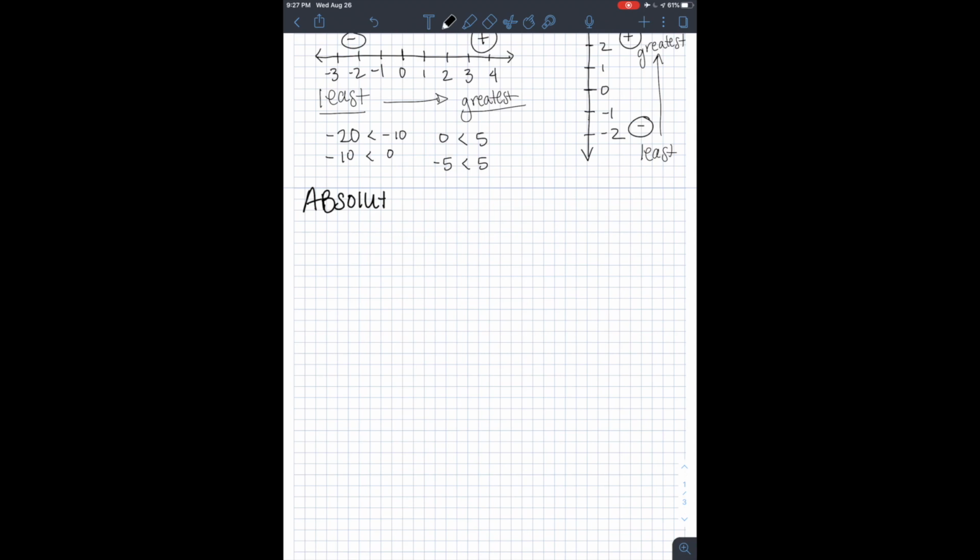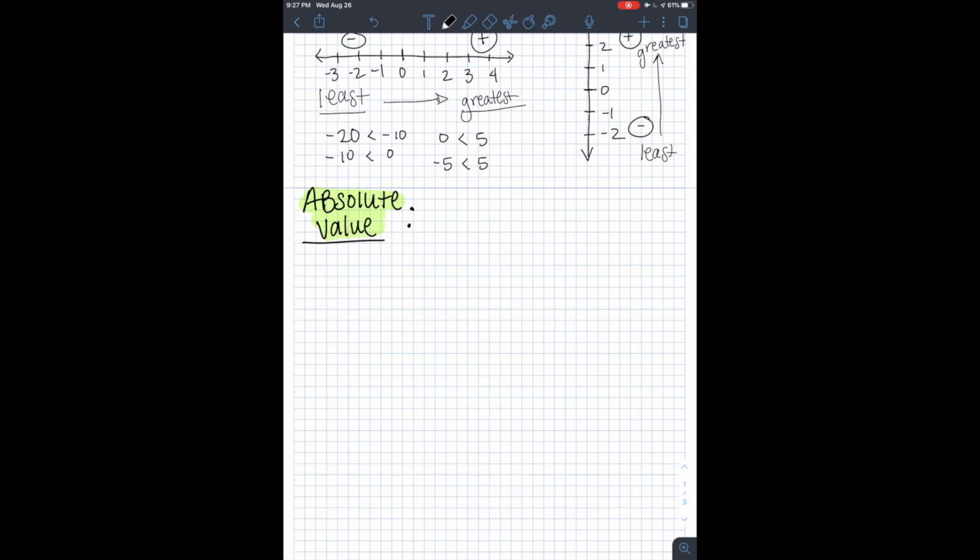One other term that I want to introduce to you guys, we're not really going to talk much more about it just yet, is absolute value. Also, it's a good idea if you color code your notes if you're able to.